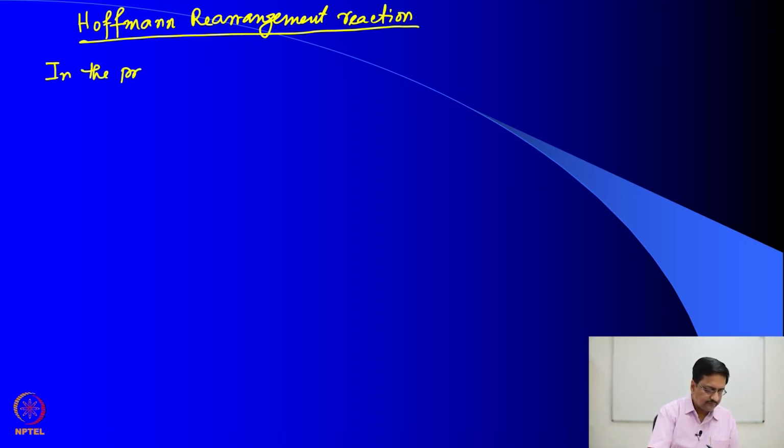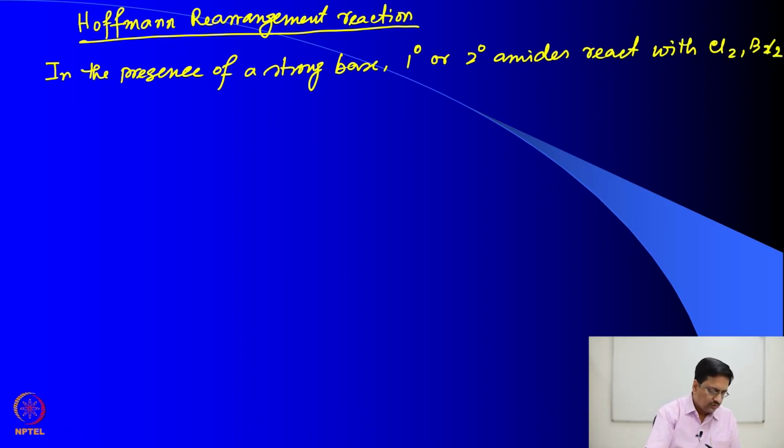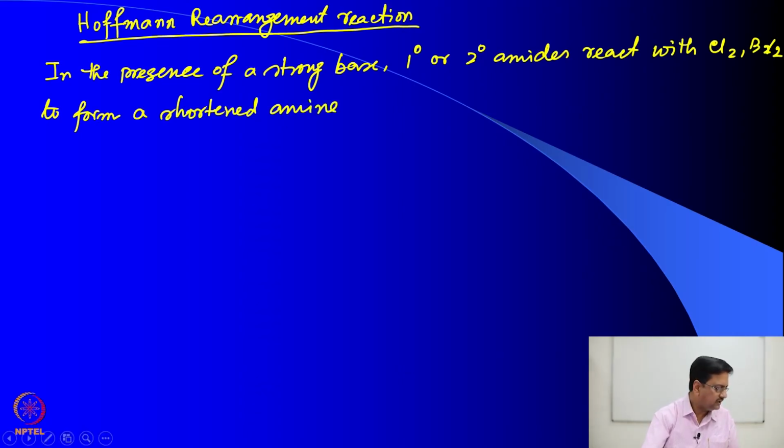In the presence of strong base, one degree or 2 degree amides react with halogens like chlorine and bromine to form a shortened amine with the loss of a carbon atom.